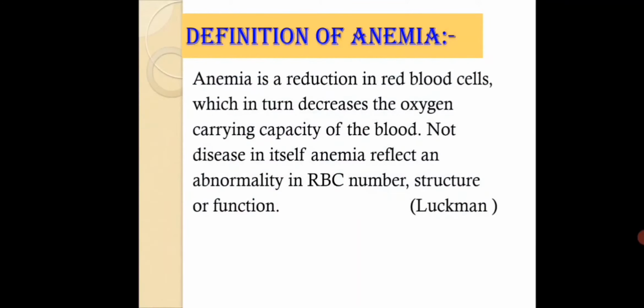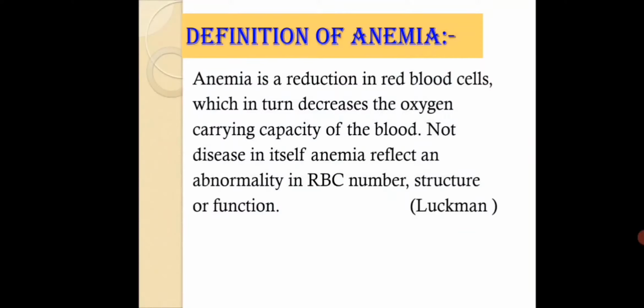Definition of anemia. What do you mean by anemia, or what is the definition of anemia as per the textbook of Lewis and Sorensen? Mainly it says that there is a reduction or decrease in red blood cells. What happens when there is a decrease in red blood cells due to some causes? There will be decreased hemoglobin level.